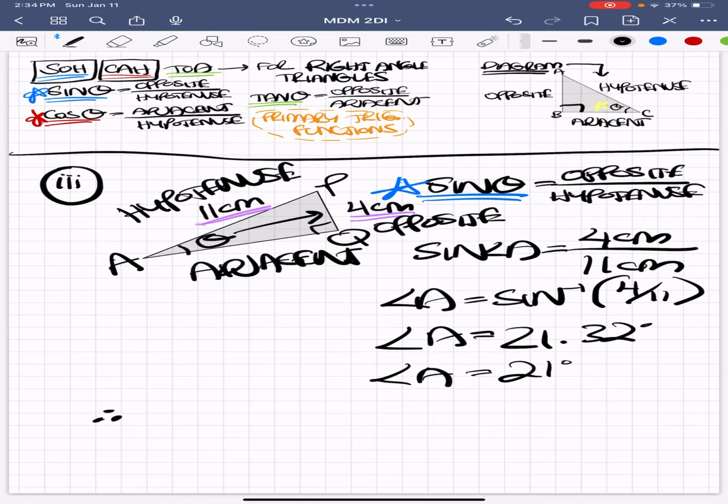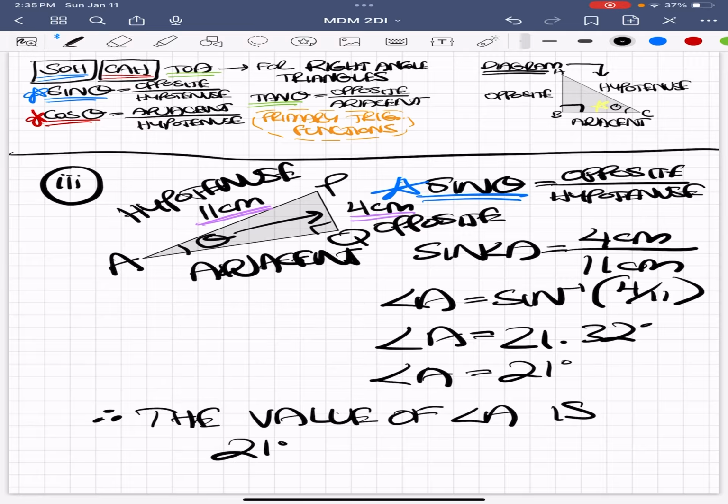And therefore, the value of angle A is 21 degrees.